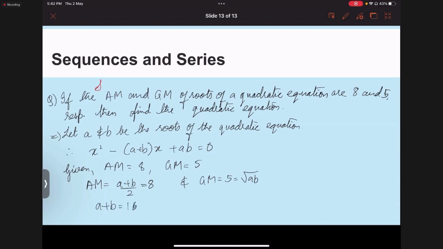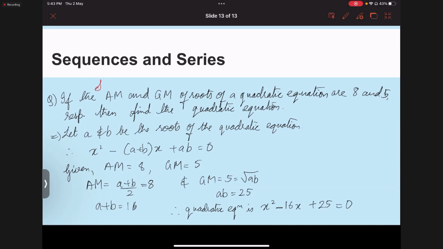And your ab, if you square both sides, is going to be 25. So therefore your quadratic equation is x squared minus 16x plus 25 is equal to 0.